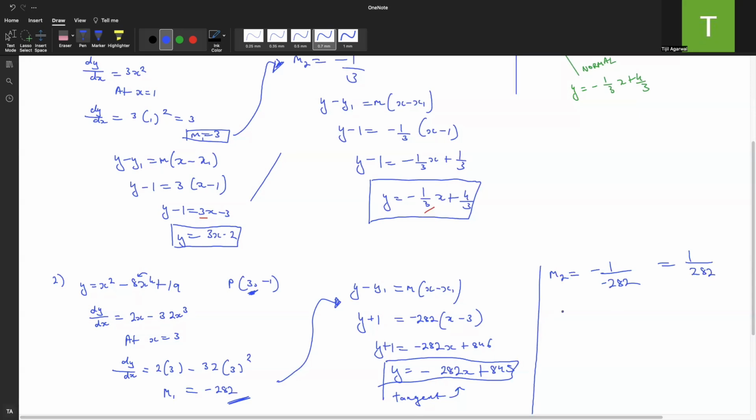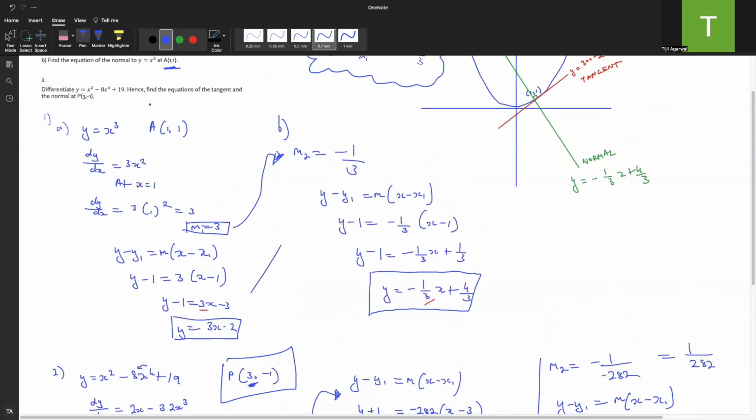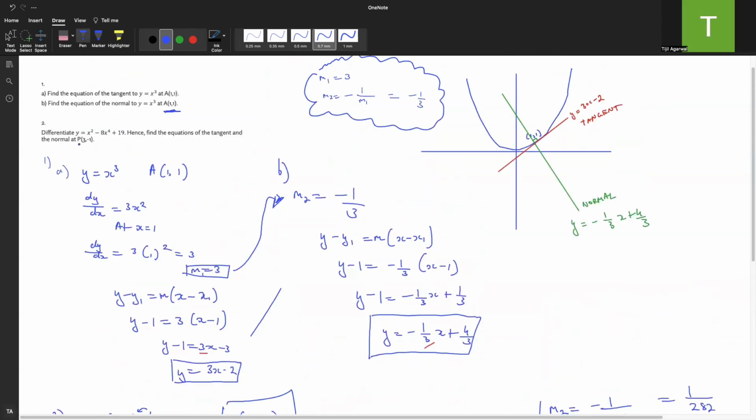Now again, using our point-gradient formula, y minus y1 is equal to m(x minus x1), it's going to be the same coordinates, the same point, because we're finding the tangent and the normal at the same point.